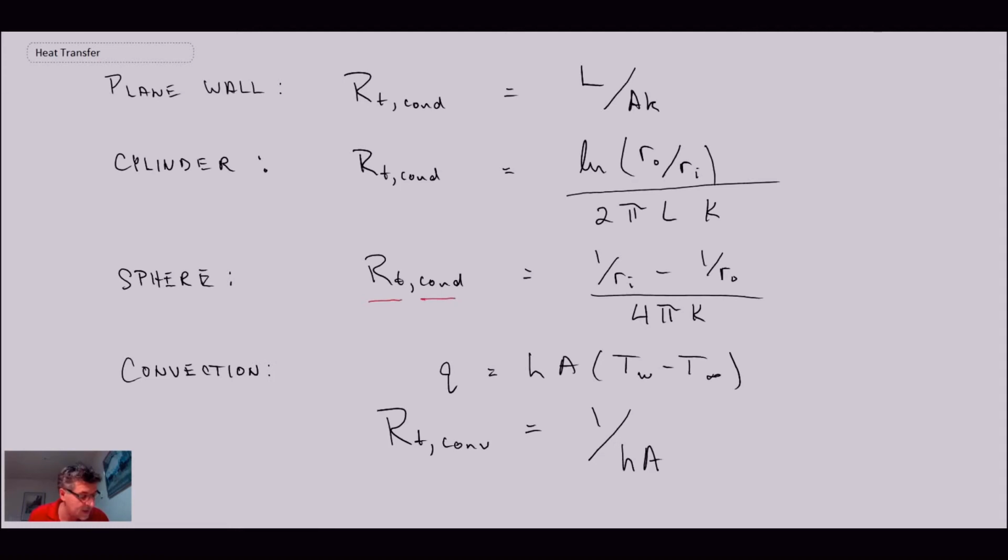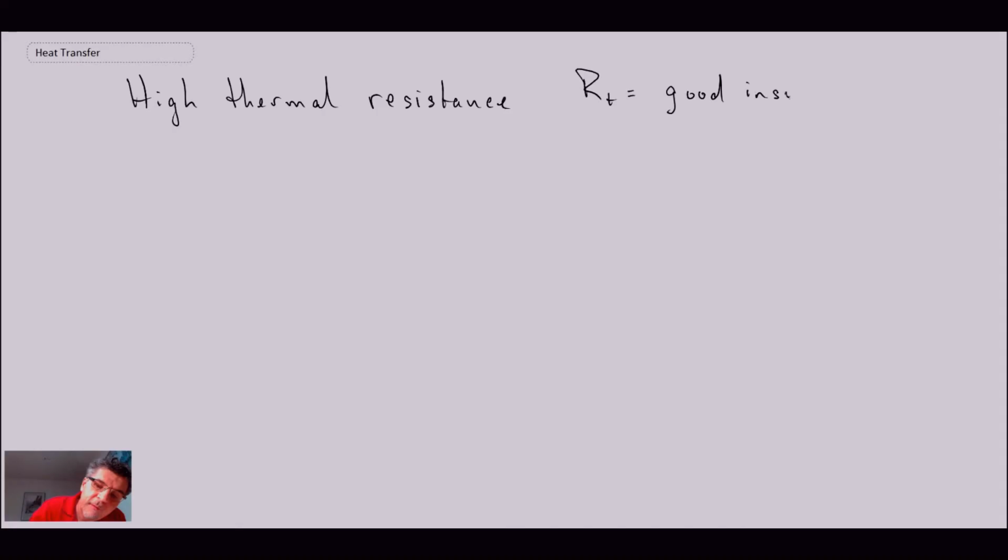And with this, what we can do, we can put these together. And first of all, if we have high thermal resistance, that would be analogous to being a good insulator. So RT equals good insulator. And we can do similar things as we do in electrical circuits.